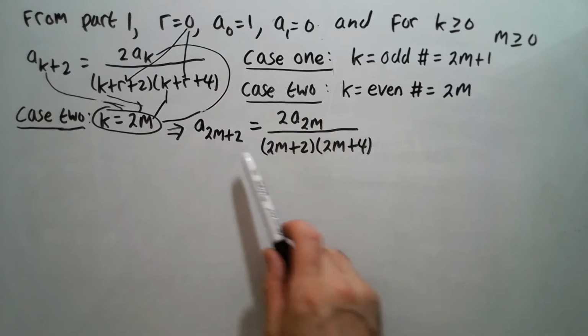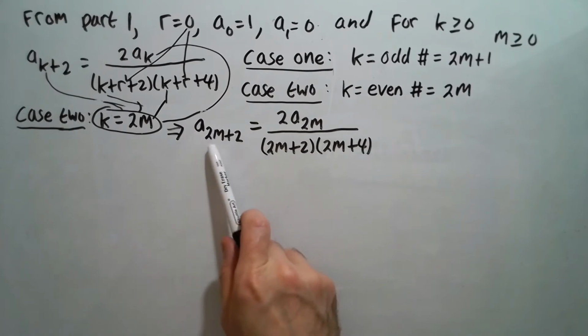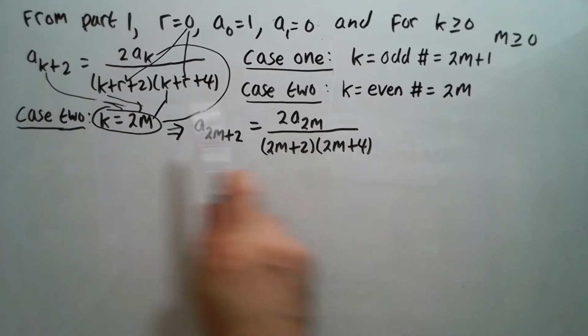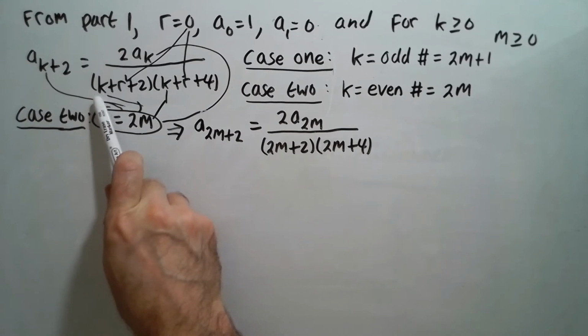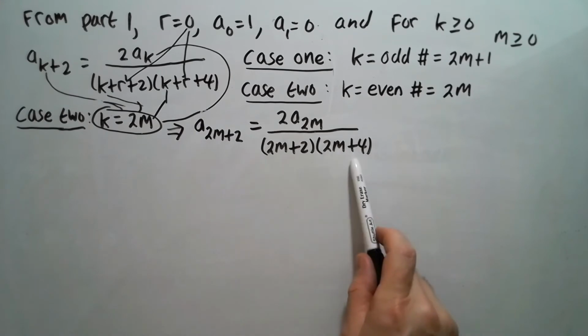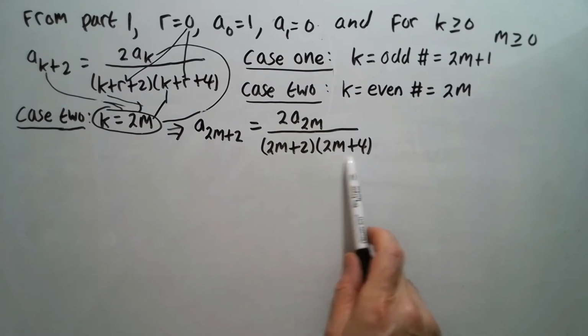So putting 2m in place of k here, we'll have a to the 2m plus 2. Then it'll be 2 times a_k, which is 2m. Putting 2m here will be 2m, 0 for r, so it'll be 2m plus 2, and 2m plus 4 here. I can then factor 2 out of these two and 2 out of these two.